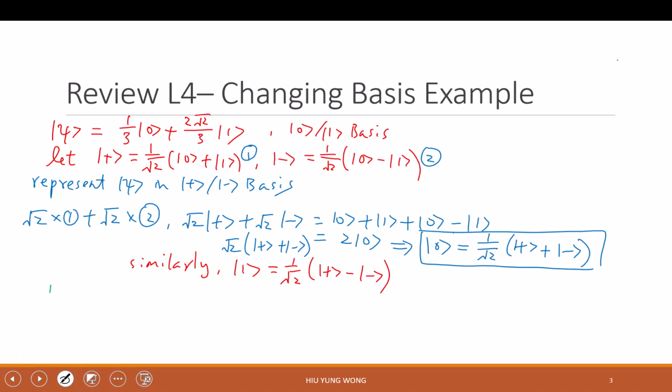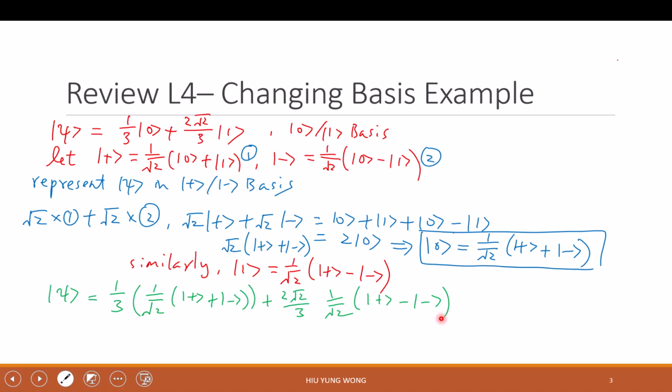So as a result, what is psi? Psi is going to be 1 over 3 times 0, what is 0? 1 over square root 2 plus minus, and then plus 2 square root 2 over 3, 1 over square root 2 plus minus.